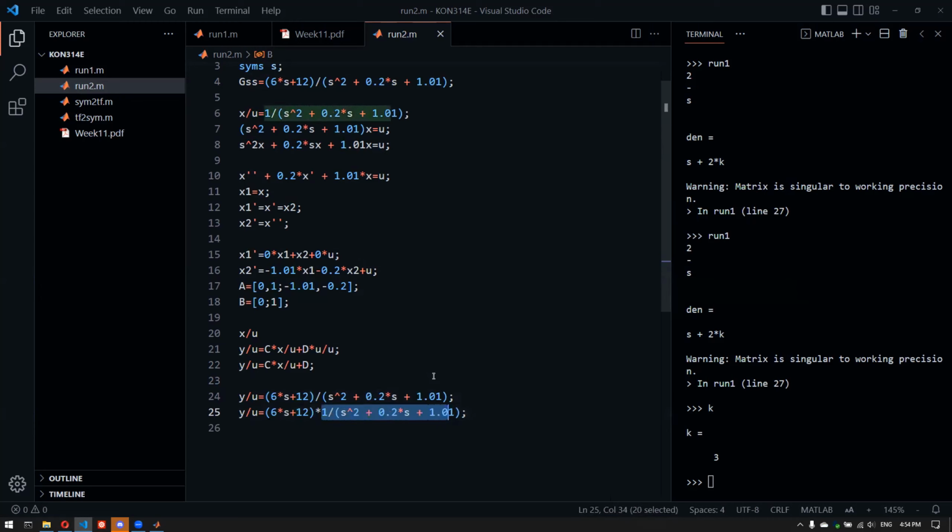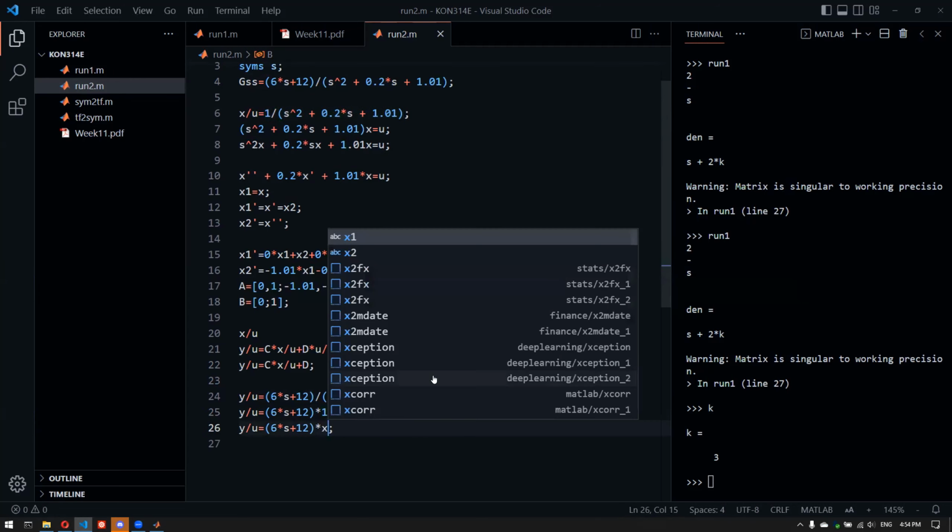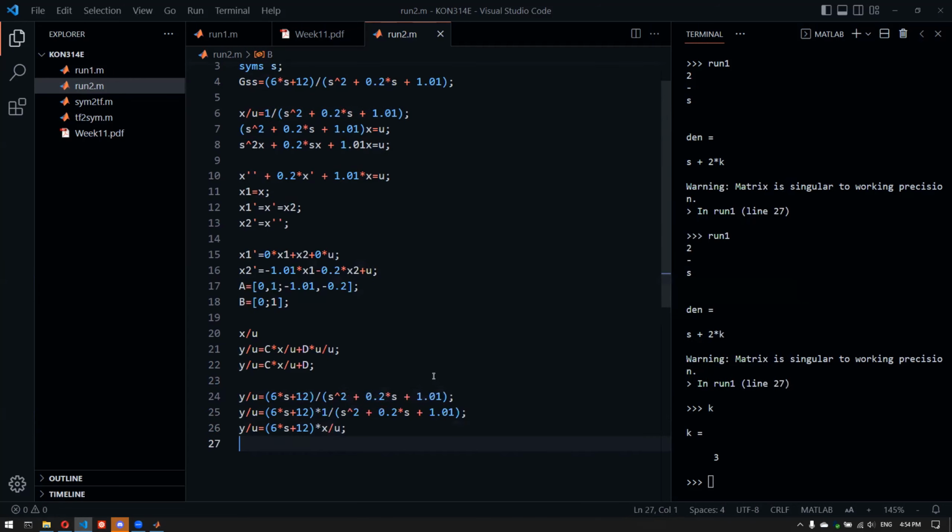That was the reason why I defined a numerator 1, and I focused on the characteristic polynomial here, because this is going to be x divided by u. So if I multiply everything with u, you can see I have this new equation, which is the output equation.